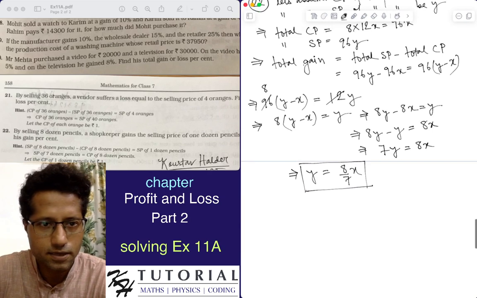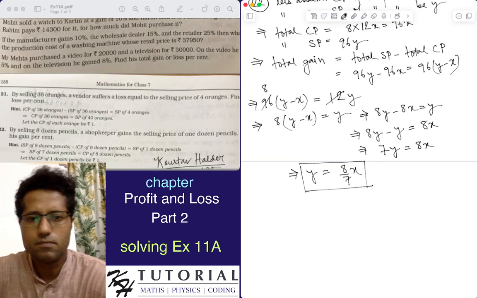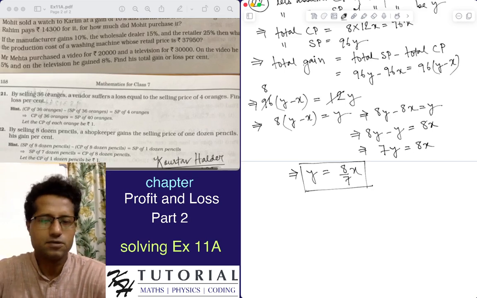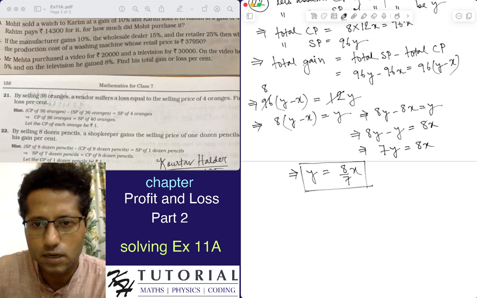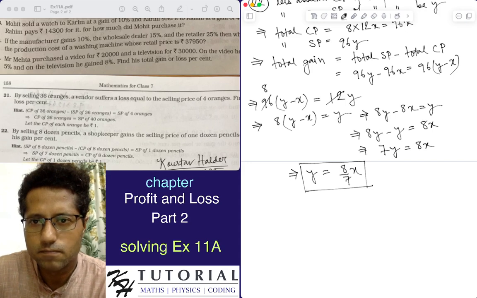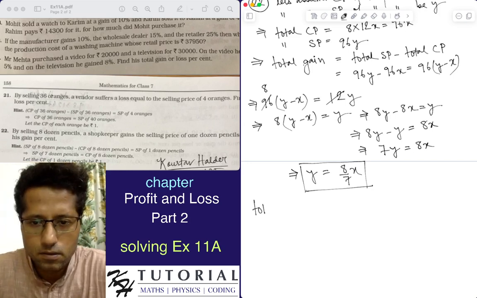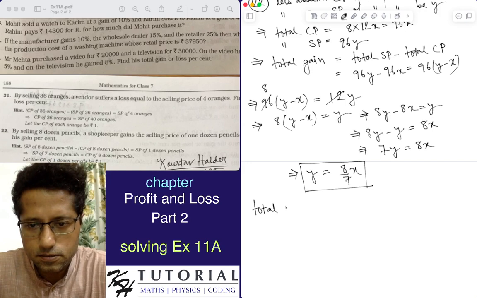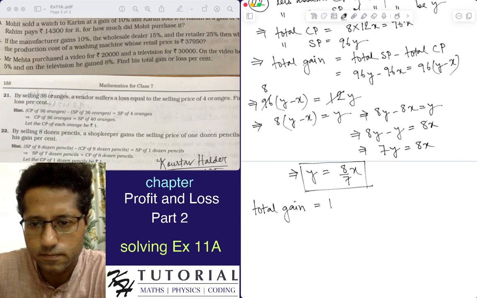Now it is saying to find his gain percent. By gain percent it means find his total gain percent. So now, total gain is, we know that, the selling price of 1 dozen pencils, which is 12y.